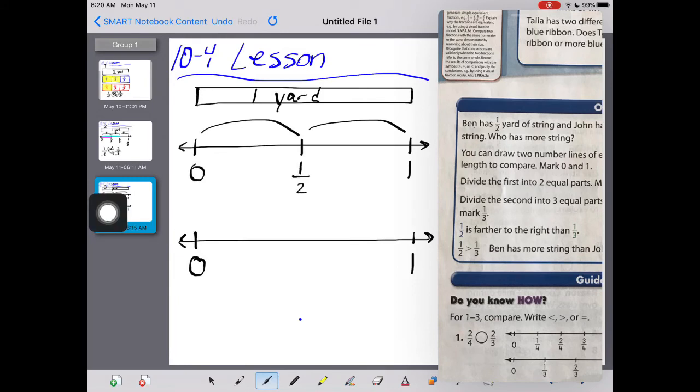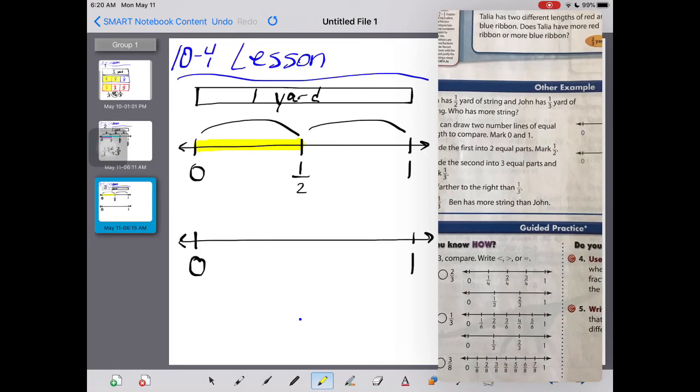So if I go 1 part, that's 1 out of 2, right? Or 1/2. And then if I go 2 equal parts, that would be 2 halves, or 1 whole yard. And he has 1/2. So I'm going to highlight all the way here. He's got 1 of those halves.